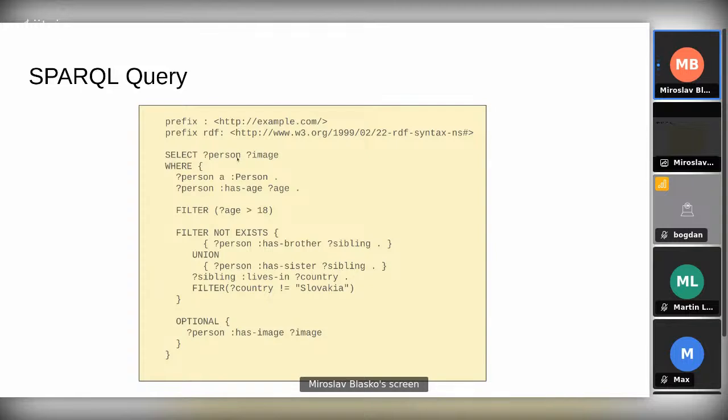What you retrieve, those rows that I was talking about, I believe is called a solution binding. Yeah, so that's about queries at the beginning.